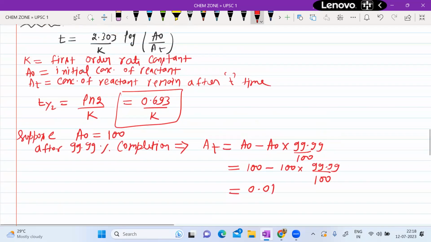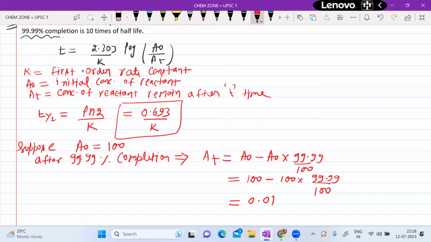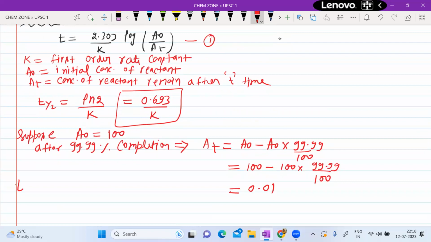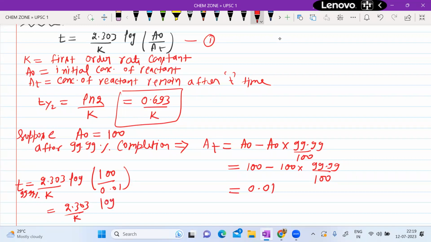Now, from the formula which is given in equation 1, if we put this value, the T for 99.9% comes to be log 10 to the power 4.